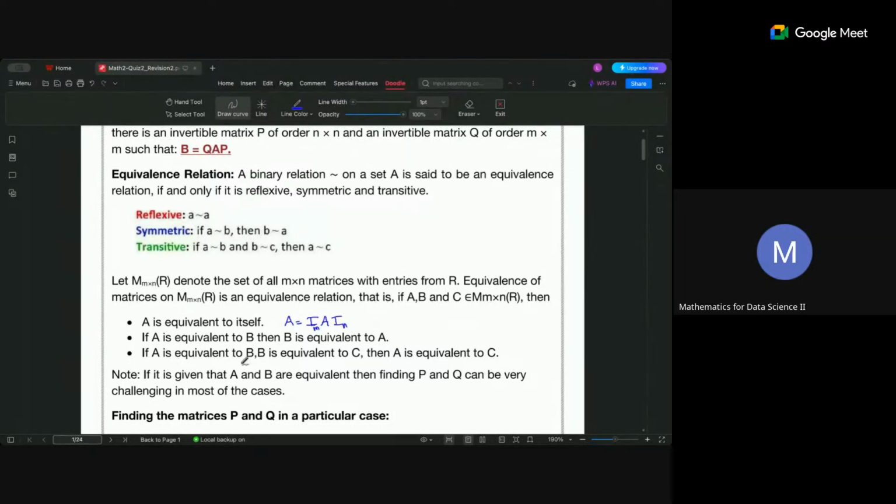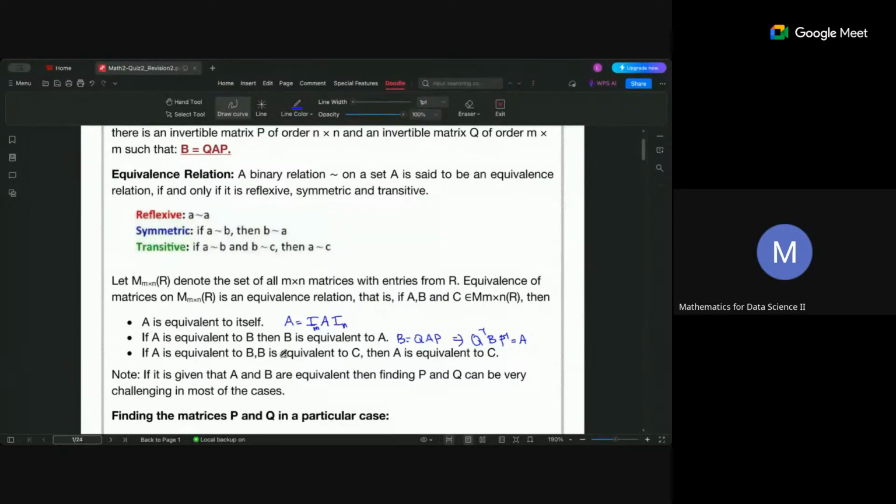Why is that so? Because if B is equal to QAP, then you know that Q inverse B P inverse is A, right? So now instead of Q and P, we have Q inverse and P inverse, which are also invertible matrices.